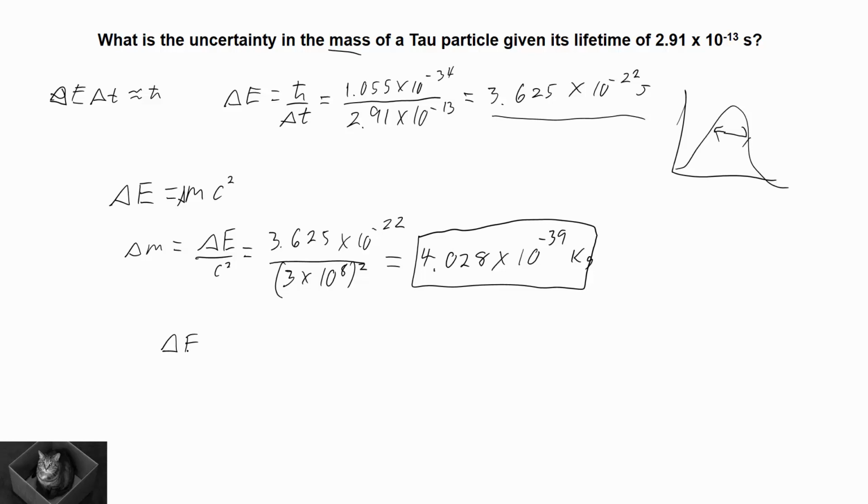So I can say 3.625 times 10 to the negative 22nd joules, and then I multiply it by the conversion factor of 1 electron volt per 1.6 times 10 to the negative 19th joules per electron volt. So this gives me an uncertainty of 0.00226 electron volts.